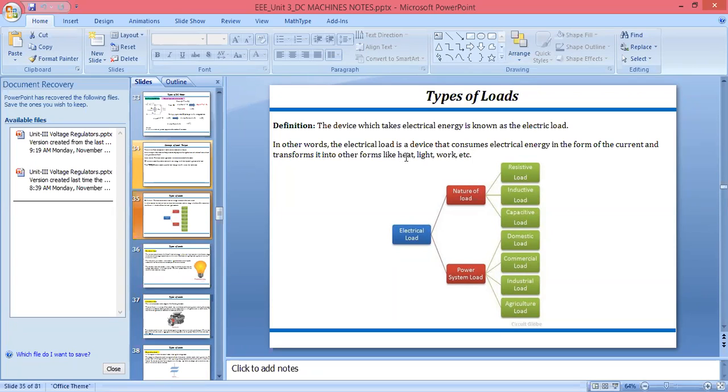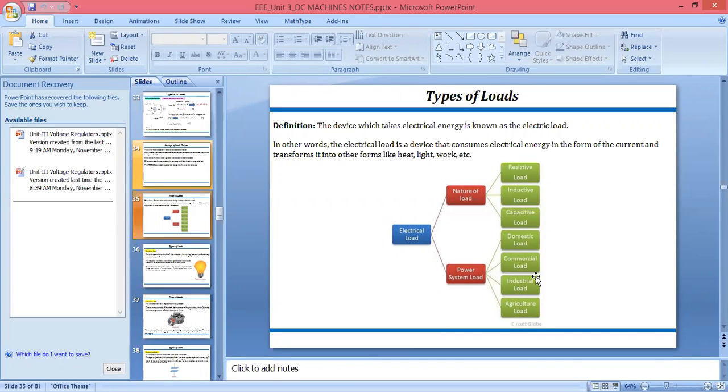So there are different types of electrical loads available, which are again divided into types depending on how we are using the load. We may use the load for commercial purposes, for industrial purposes, or at the domestic level, at our home.